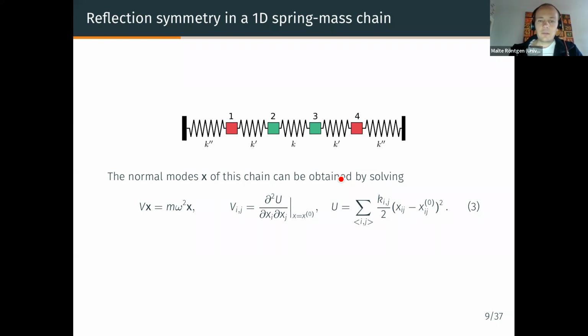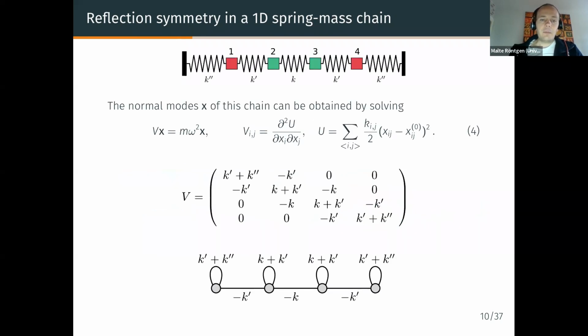Now, in this very simple setup, U is a very simple interaction potential, and the V matrix, or stiffness matrix, you can derive from U just by taking the second derivatives. You can also call this the Hessian matrix. And if you do this, due to the reflection symmetry, oh, I forgot, I was too fast.